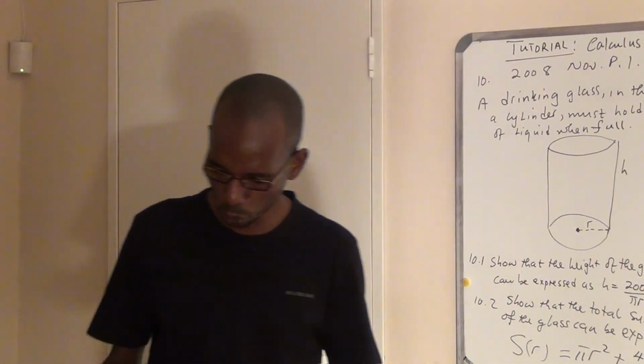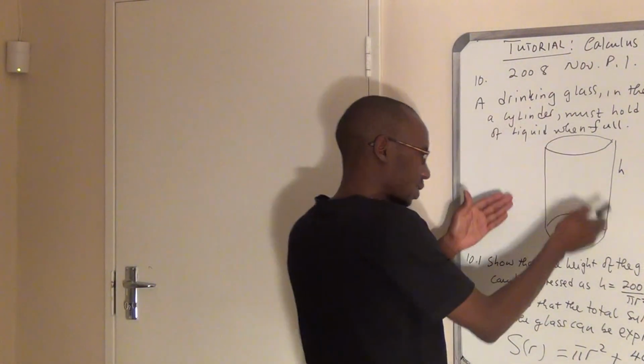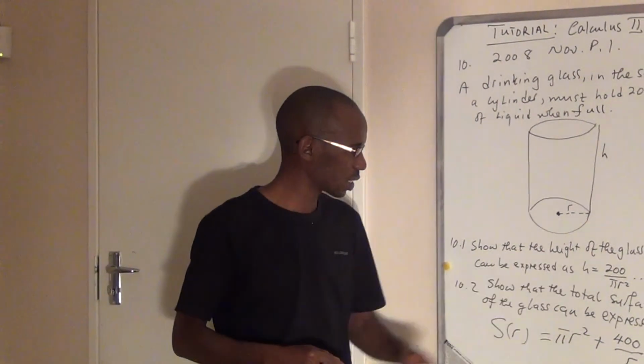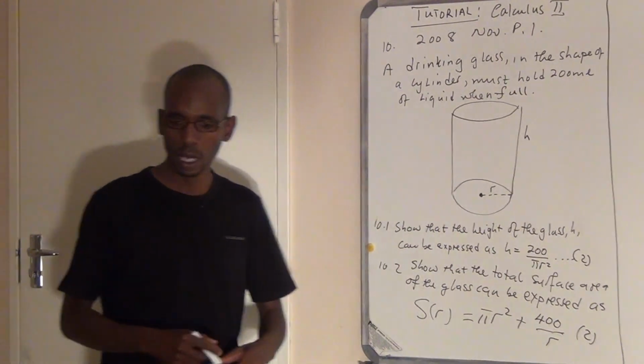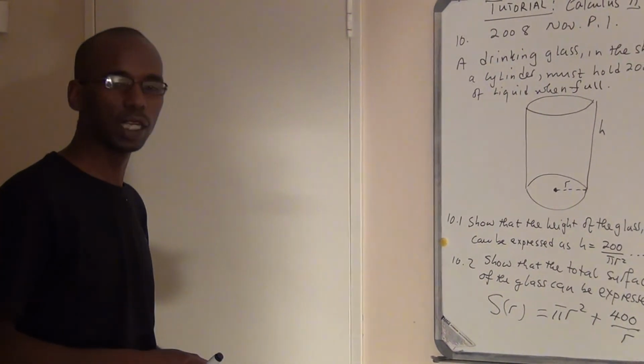If you manage to find the volume of this glass, then we should probably be in a position to express our h in this form. So let's check. How do we calculate the volume of a cylinder?